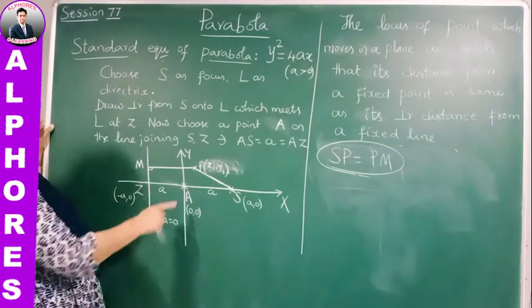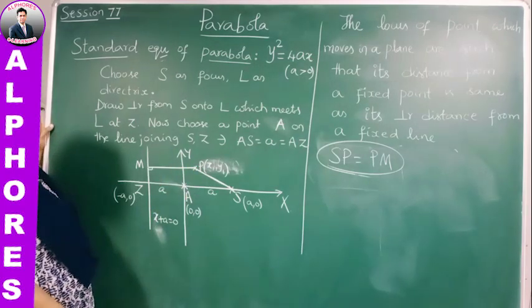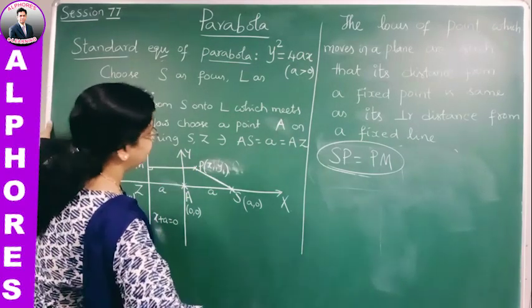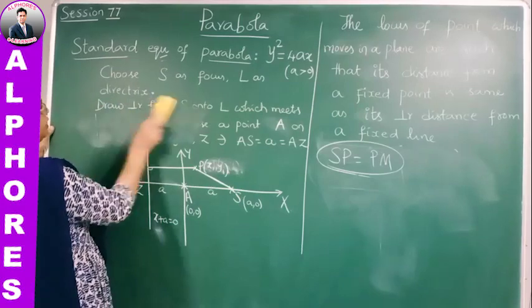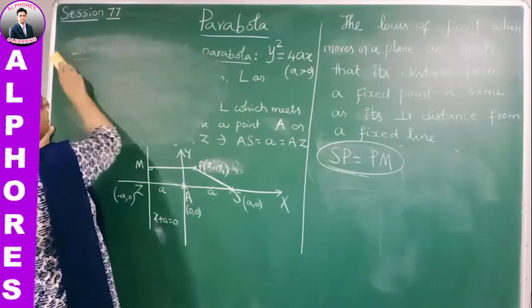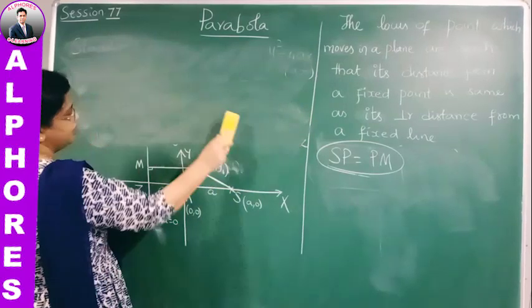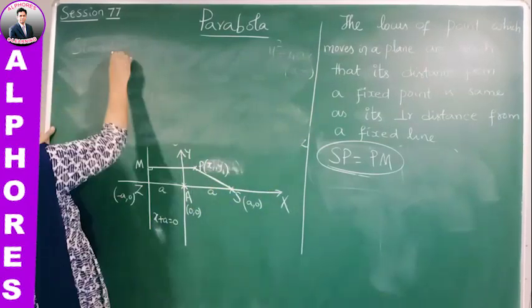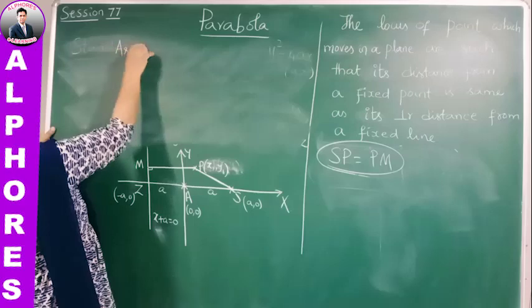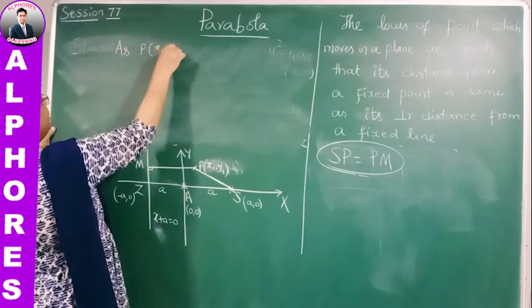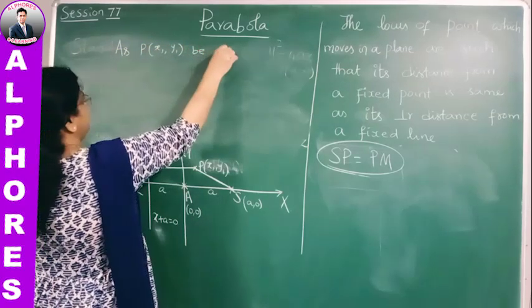In such a way I have taken the point (x1, y1). Then according to the definition of parabola, SP equals PM, where P(x1, y1) is any point on the parabola.